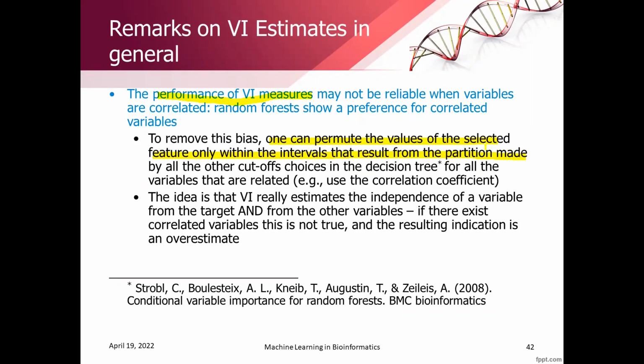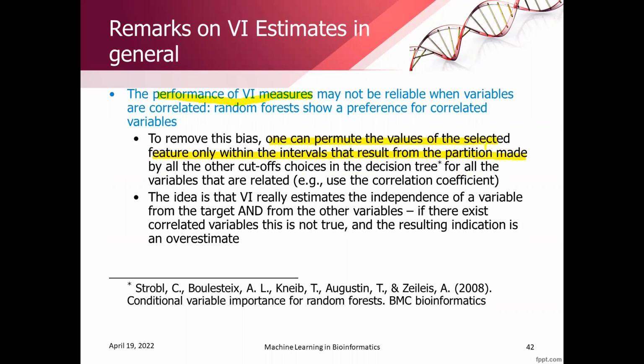Of course, if we permute the whole attribute, maybe for some other queries in the decision tree there will be some subsets for which the value of the first attribute will be changed completely, and this will change the classification and influence the result.